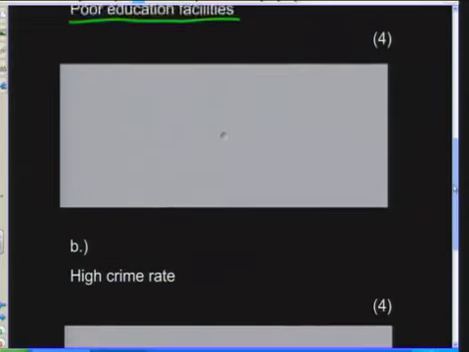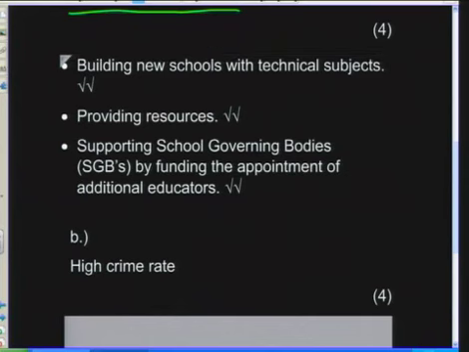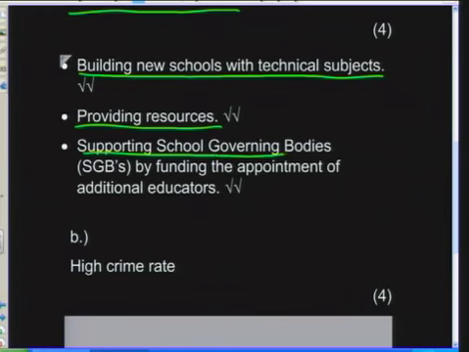So the first one is poor educational facilities, and as you guys have seen from earlier questions, education plays a big thing there. So we could provide building new schools with technical subjects, providing resources, supporting school governing bodies by funding the appointment of additional educators.